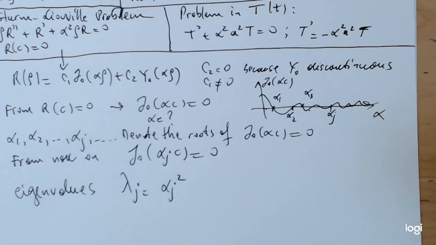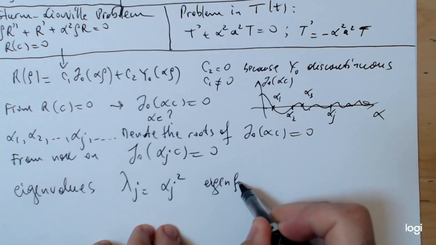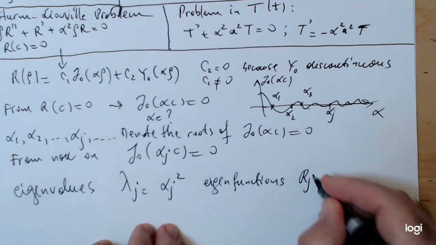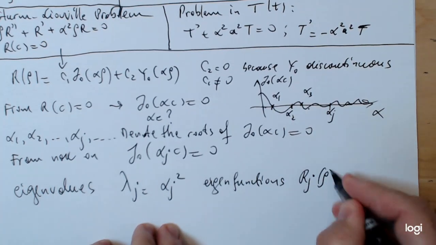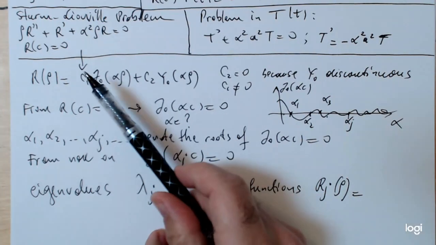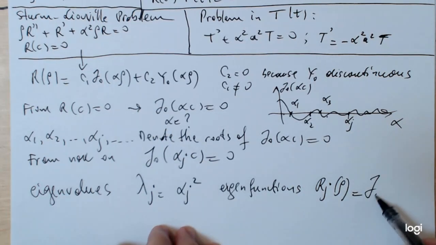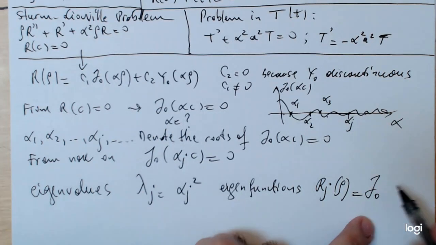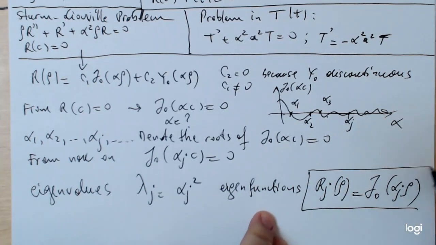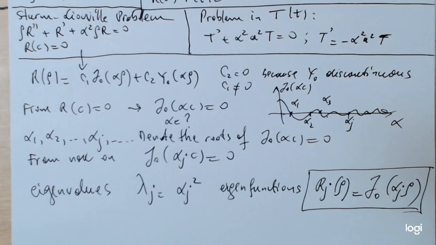So the eigenvalues are alpha j squared, and the eigenfunctions, which now you can denote by R j of rho. Going all the way back to the solution here, the eigenfunctions are J naught of alpha j rho. Rho is your variable, for r, right? R is a function of rho.